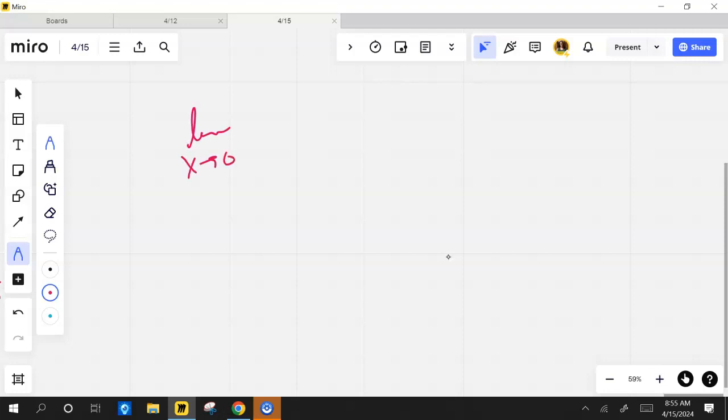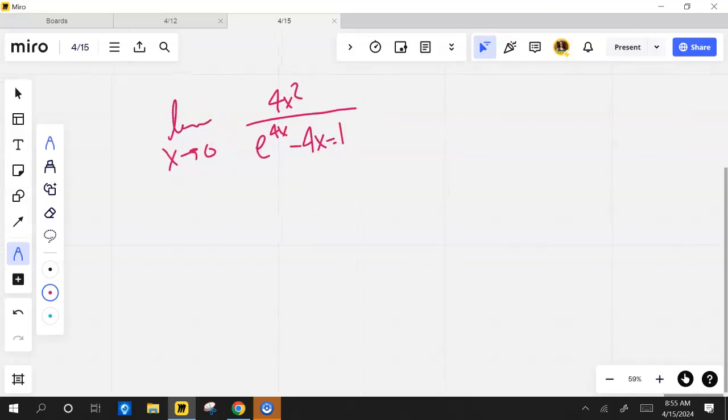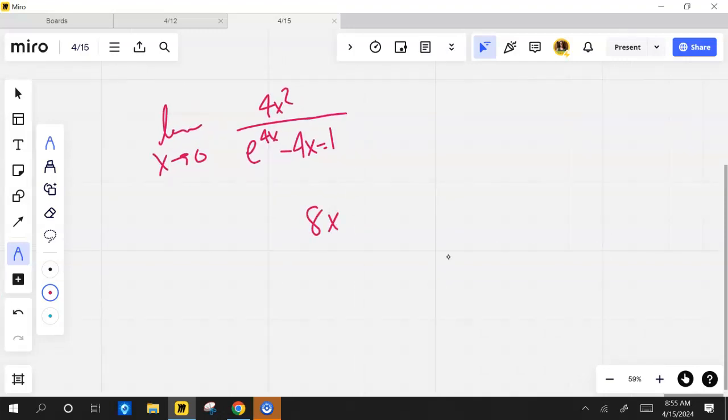Because if you plug in this as it sits, you end up with 0 over 0. It may not look like that at first, but e to the 0 is 1, and 1 minus 1 would give you the 0. So with L'Hopital, the first time I get 8x over e to the 4x, but chain it with a 4.